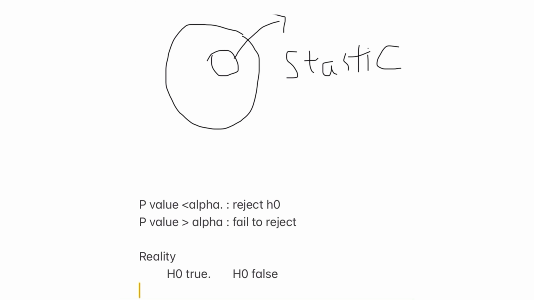Based on a significance test, we have two things we can do. We might reject the null hypothesis or we might fail to reject.